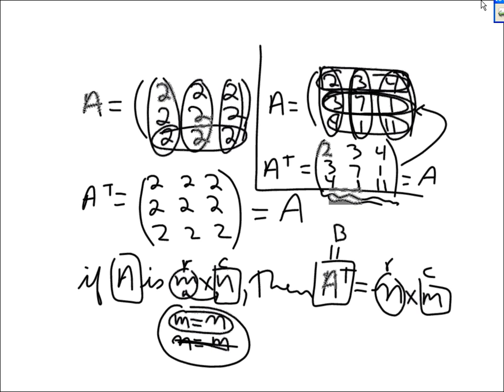Column 3 is 4, 1, 11, and row 3 is 4, 1, 11. That guaranteed me that when I interchanged the rows and the columns, I'd get right back to where I started from. So you interchange the rows and the columns, or the columns and the rows, and you'll have the transpose.